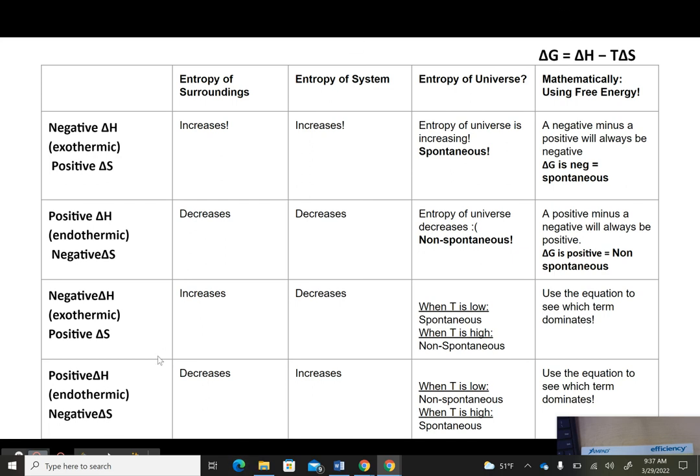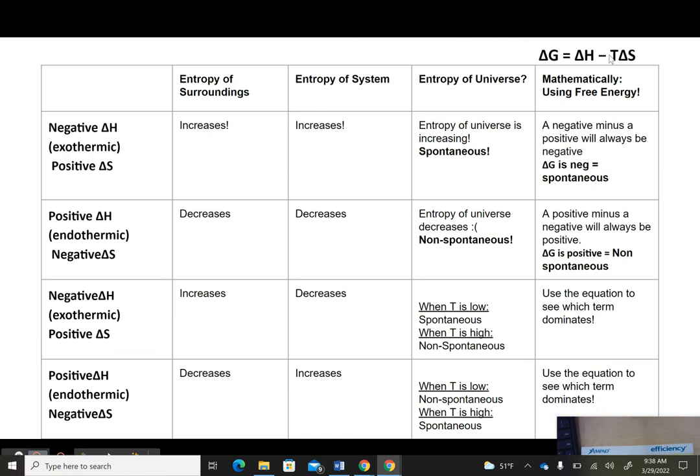Where we have some interesting things happen is when they disagree, and the temperature will win out here. If you are exothermic, but you decrease the entropy of a system, at low temperature, because temperature is multiplied by delta S, this term will matter less. Being exothermic, producing heat into a colder environment will be more spontaneous.